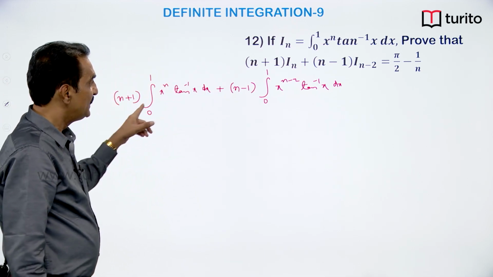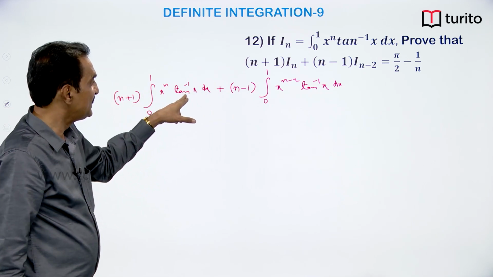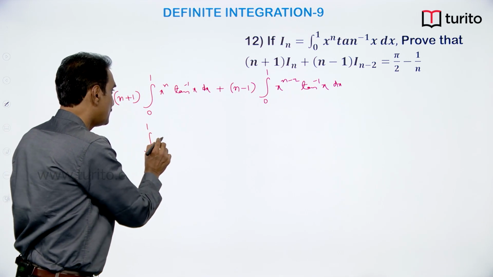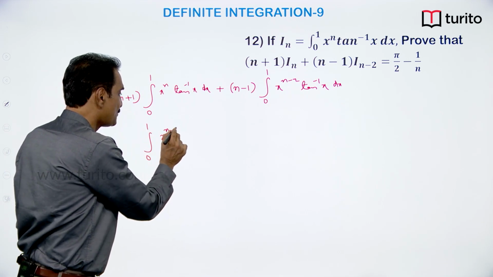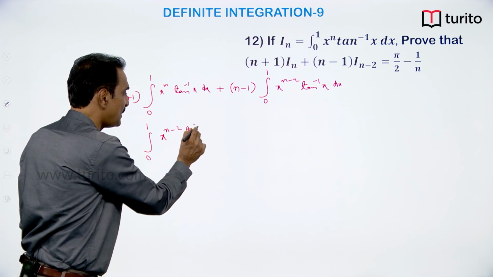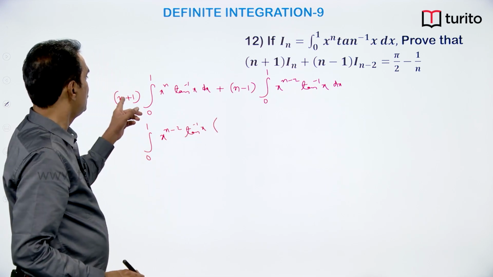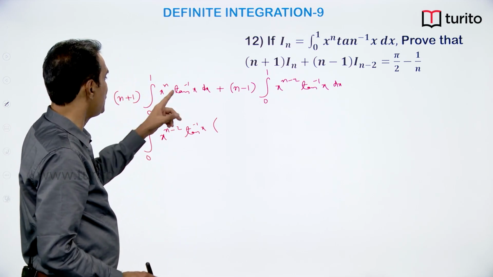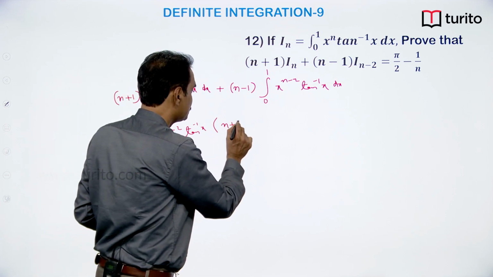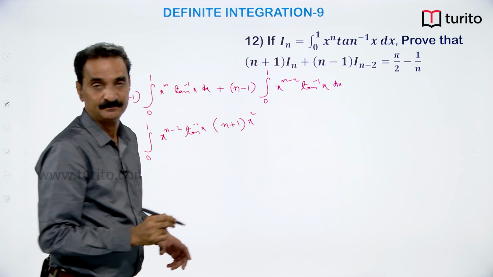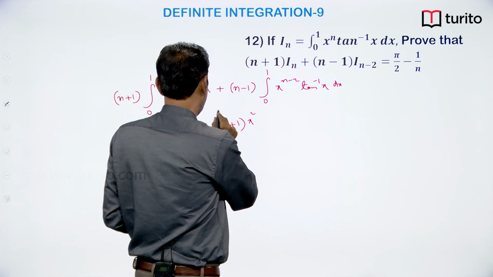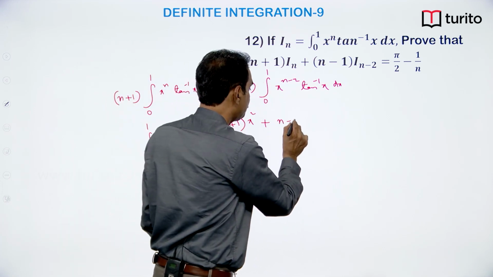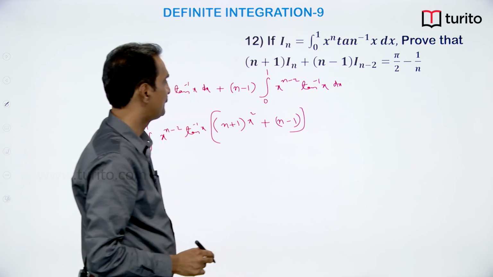Now, let us take integral 0 to 1, x power n minus 2 tan inverse x common. Here you will get n plus 1 into x square, plus here you will get n minus 1 into 1, dx.